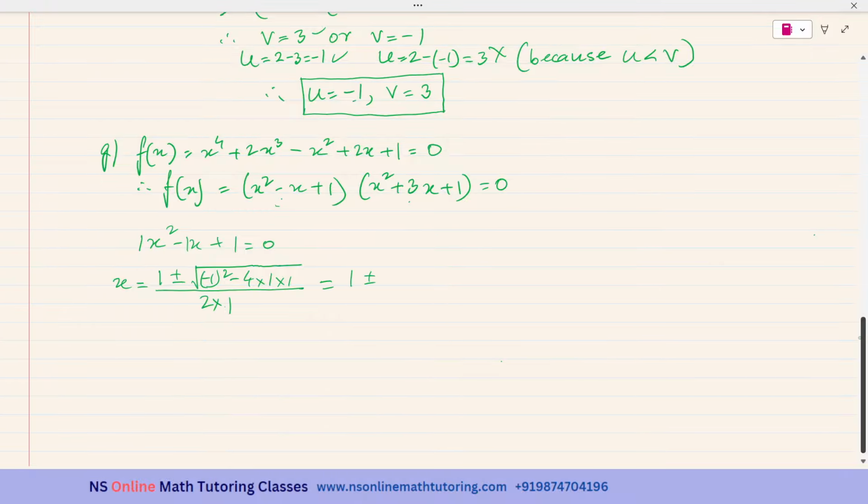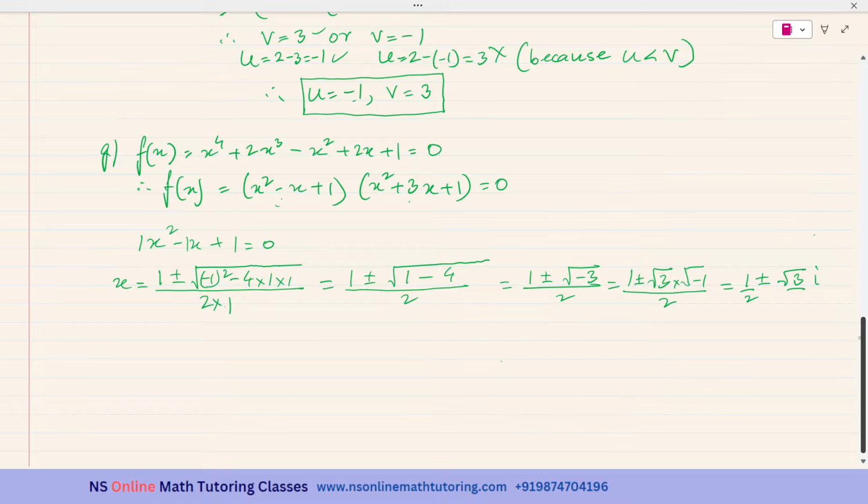This should be equal to 1 plus minus square root of plus 1 minus 4 over 2, and this is 1 plus minus square root of negative 3 over 2. You do not have to write so many steps. I am writing them just to explain in detail. So root negative 1 is i, so it will be 1 plus minus root 3 i over 2. So I can separate the real and the imaginary parts.